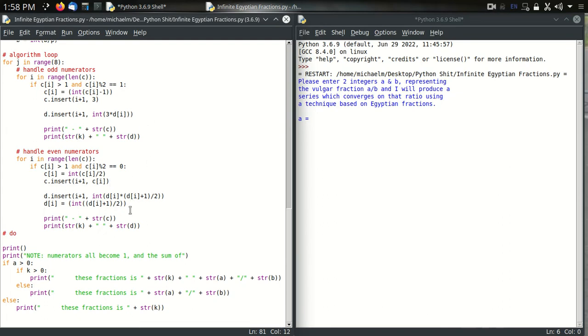And I have it, so it's now printing what it has pretty much constantly at every step, along with the string of numerators, because they are not always 1.